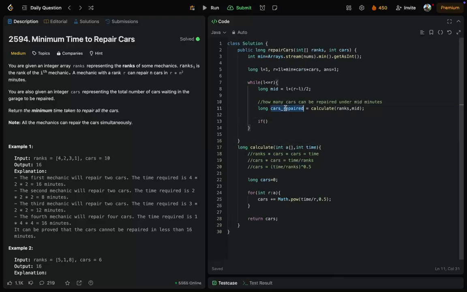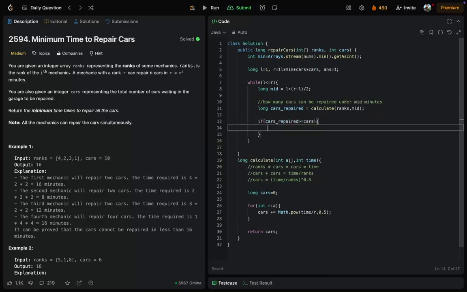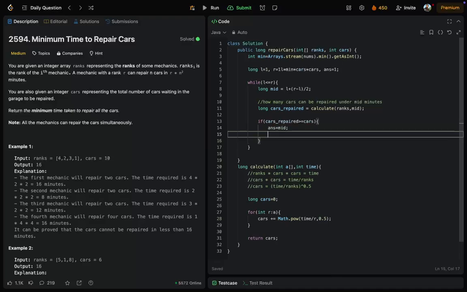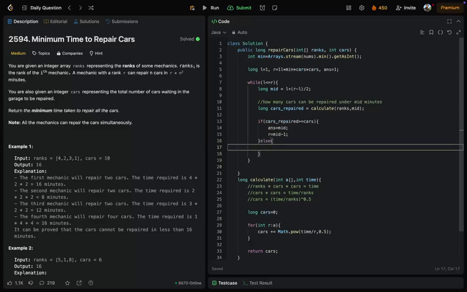If I can repair more than or equal to cars, so this is a valid answer. My answer is mid minutes, or I need to find minimum time.